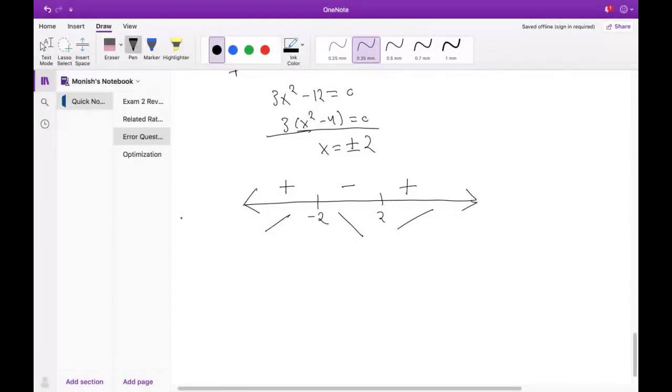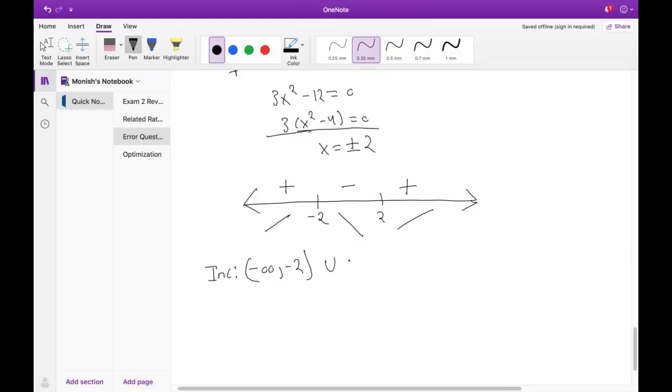So the intervals of increasing are negative infinity to negative 2, and keep in mind that it's non-inclusive to the negative 2 value, because at that point we have it switch from increasing to decreasing. So at that point it's a horizontal tangent basically.